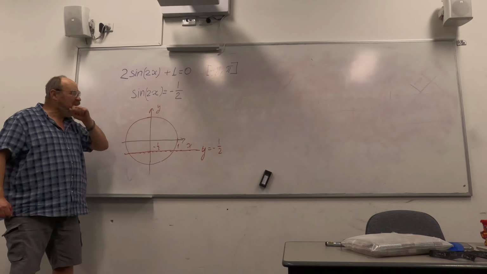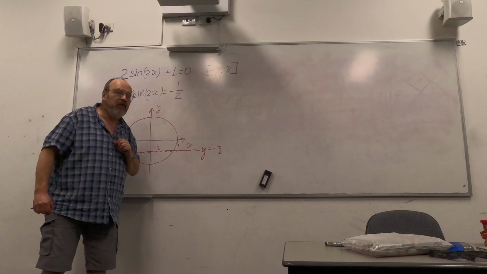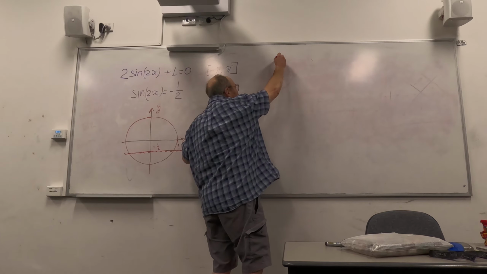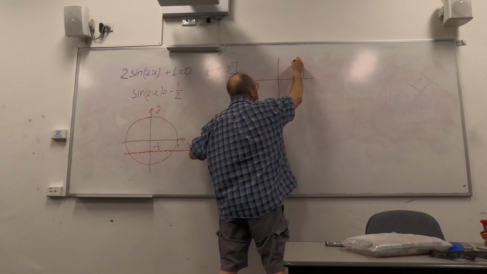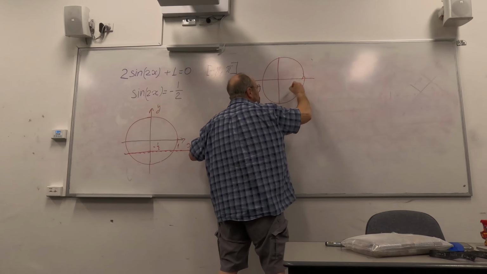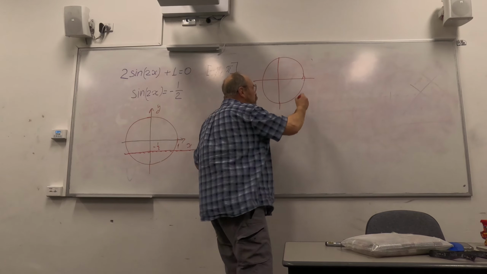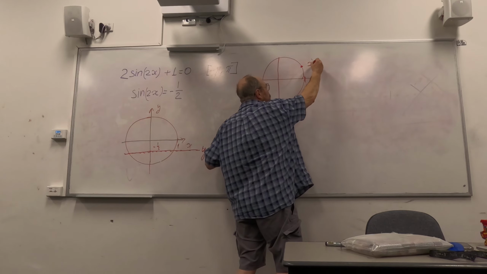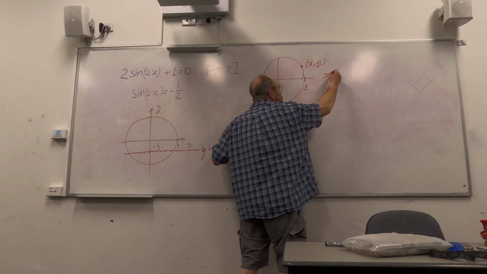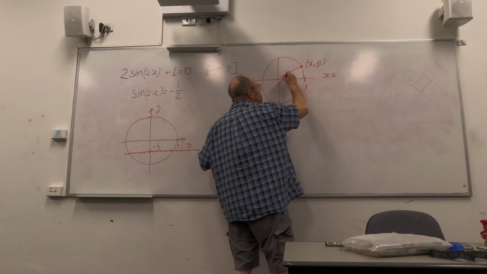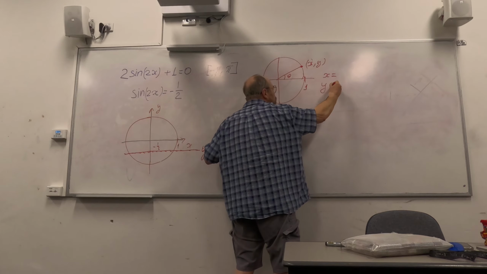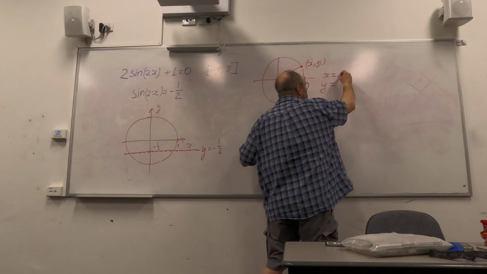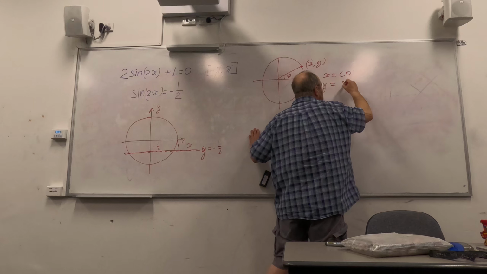Okay, next step. On the unit circle, drawing this again, we have a unit circle. Why is it called the unit circle? The radius is 1. And we have a point on the unit circle with coordinates x and y. What are x and y in terms of this angle theta? X is cos theta and y is sine theta.